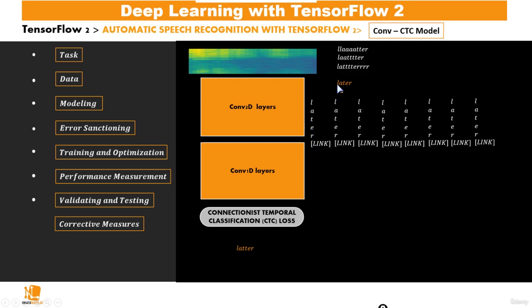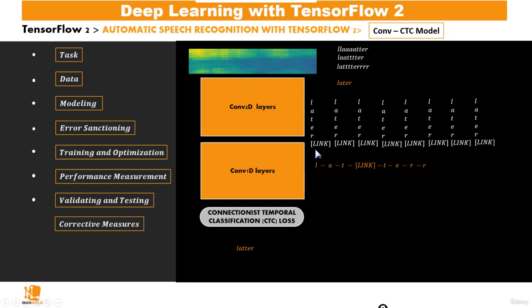Now if we want to have this, we may have different options, like say we could have L, that's if we pick this, and then the next we pick this, and then the next we pick this, and then the next if we pick the blank, the next if we pick T, the next if we pick E, the next if we pick R, the next we pick R. So basically we're picking out the characters or the tokens with the maximum probability at each step in the sequence length.